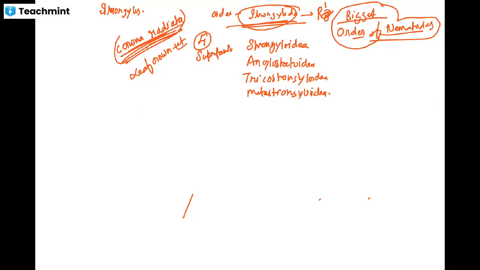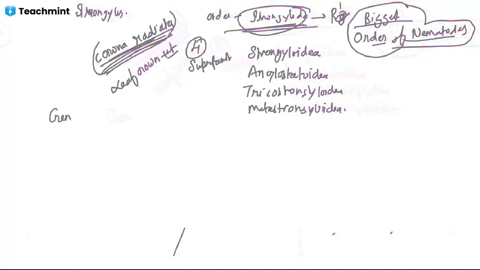So in this, the genus Strongylus, they are also known as red worms.